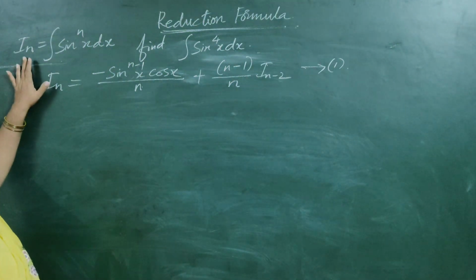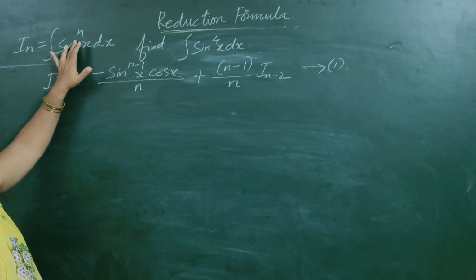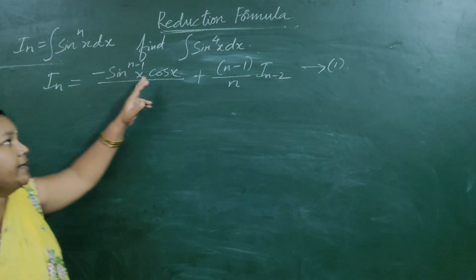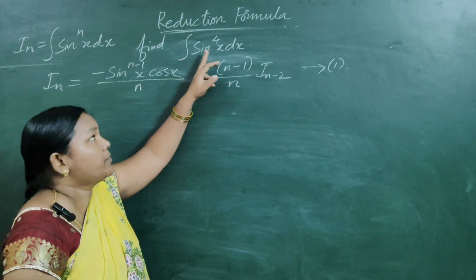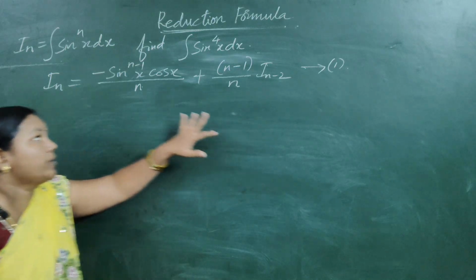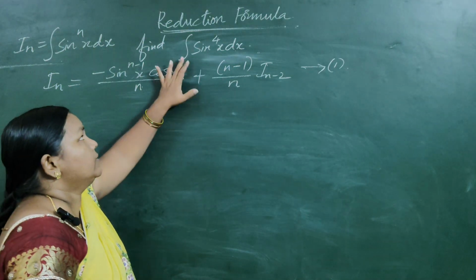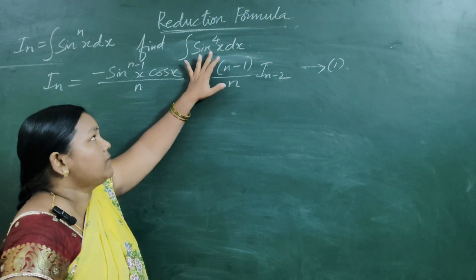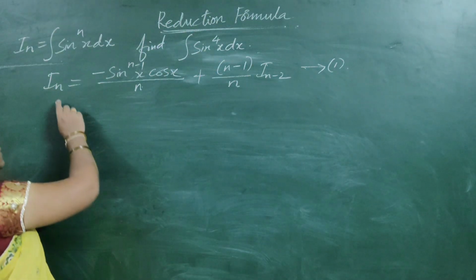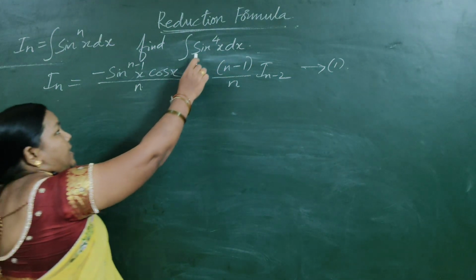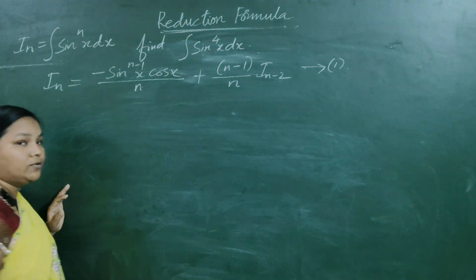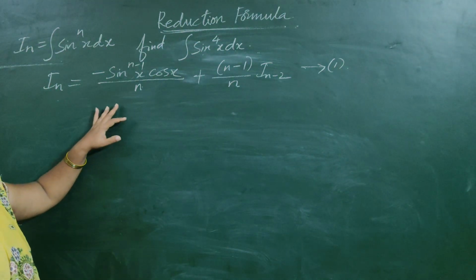The question is I n equal to integration of sine to the power of n x dx, and find the value of integration of sine to the power of 4 x dx. Here we got the value of I n. Now we are going to solve for integration of sine to the power of 4 x. See here, I n means this value. Sine to the power of 4 means we have to substitute n value as 4.